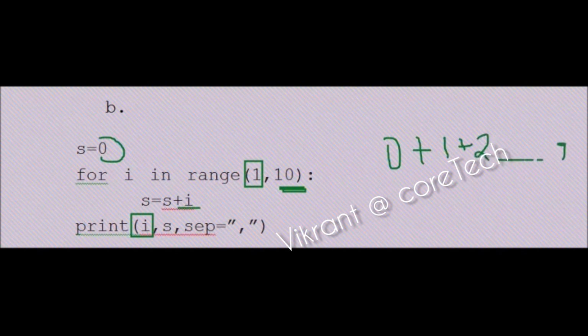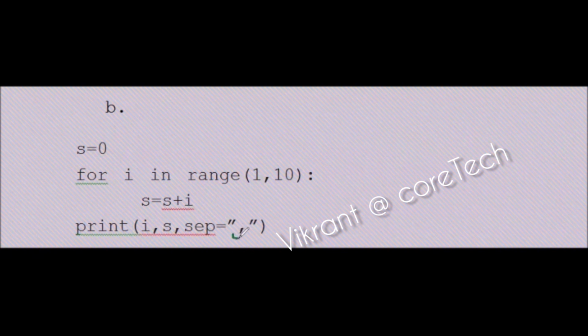So the total should be 45. And this separator will be the comma. The comma means that particular value which will get printed in between 9 and 45. So the answer is 9 and 45. Let's look for the next question.